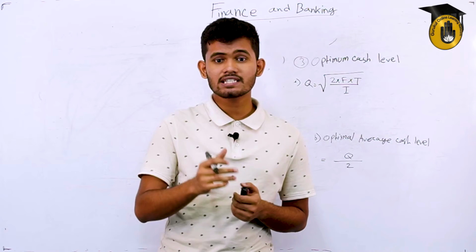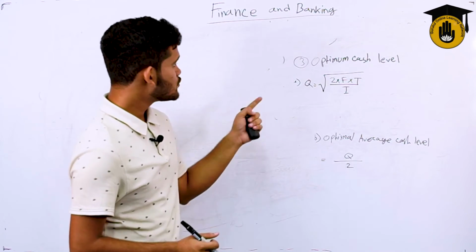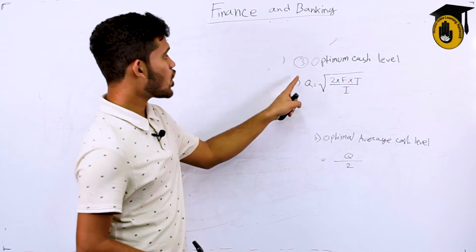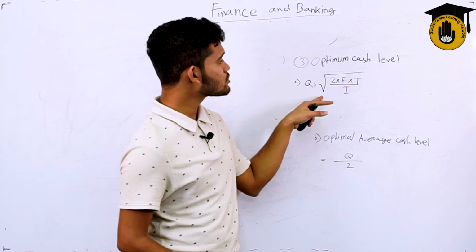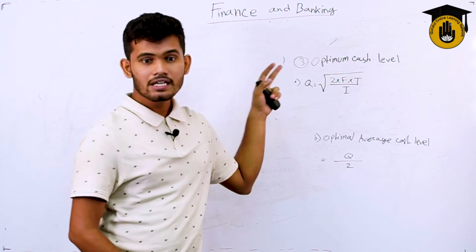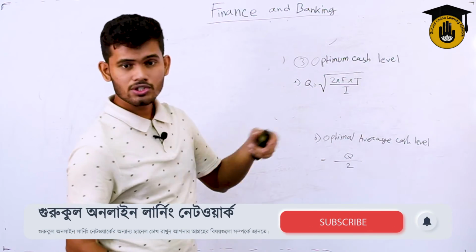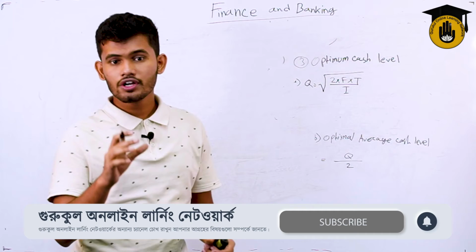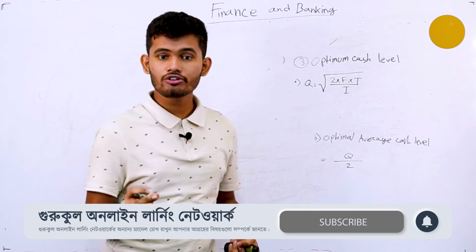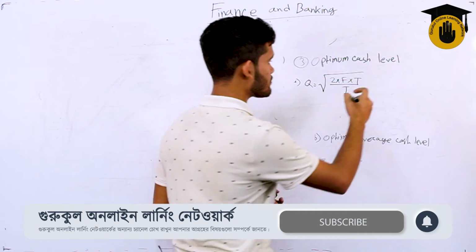So optimum cash level is determined using the following equation. Optimum cash level, Q, is equal to root over 2 into F into T divided by I. I'll write what all these terms stand for. Q is the optimum cash level for borrowing or selling securities.